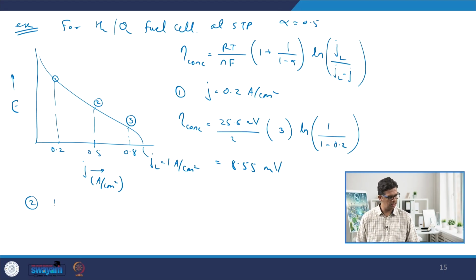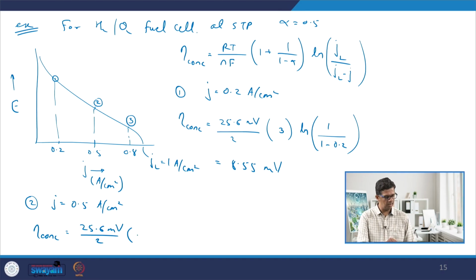Second case, where J is 0.5 amps per centimeter square. So eta concentration is again 25.6 millivolt divided by 2, 1 plus 1 divided by 1 minus alpha. If we substitute alpha, this becomes 3 ln of 1 divided by 1 minus 0.5. This comes close to 26.61 millivolt.